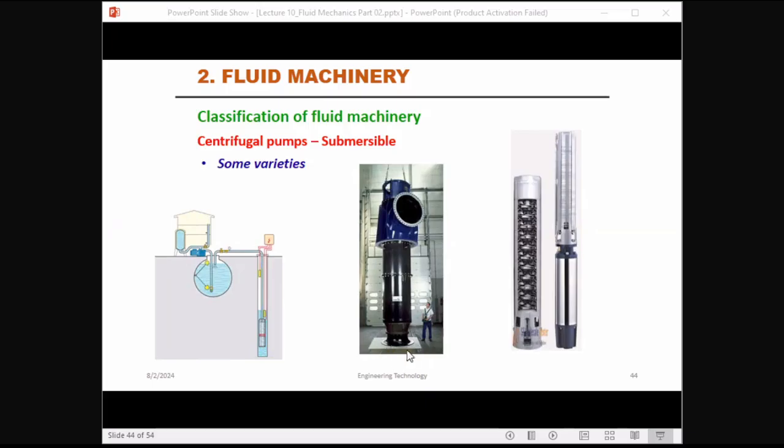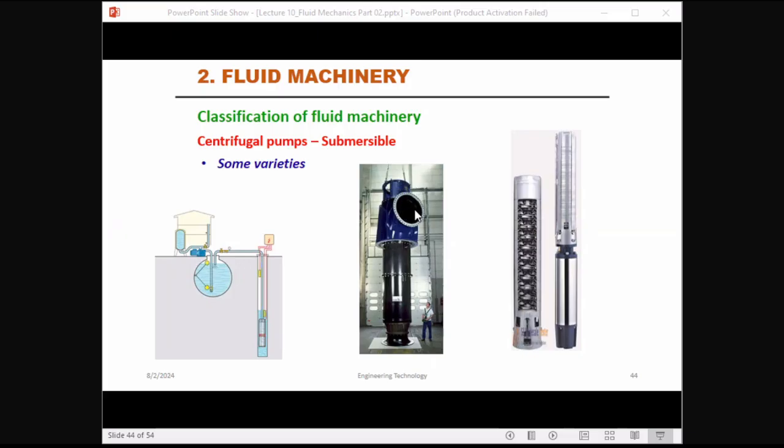The impeller then adds kinetic energy to the fluid, which is pushed upward through the pump and out through a discharge pipe. The submersible pump allows for efficient fluid movement, as there are minimum losses associated with suction lift.